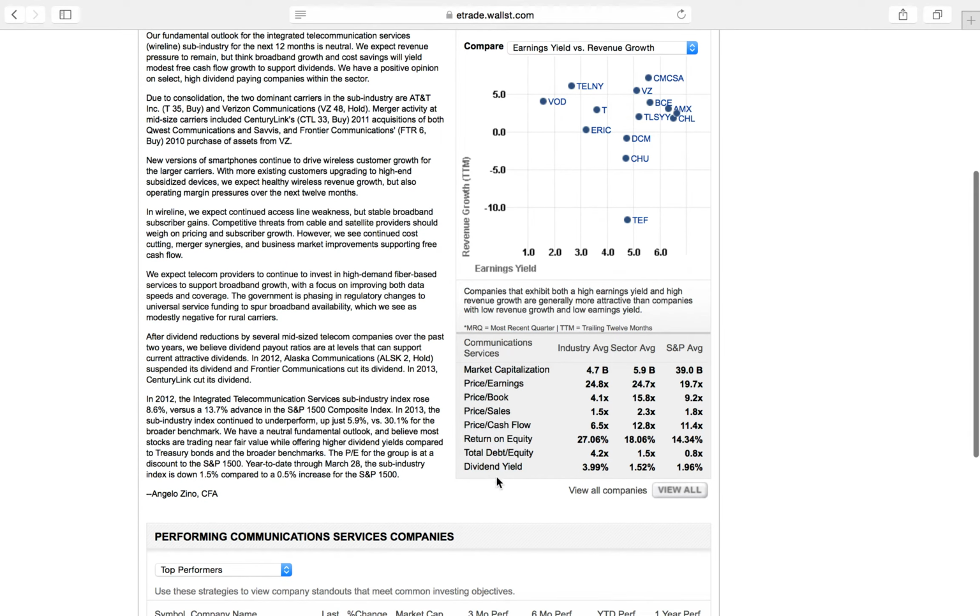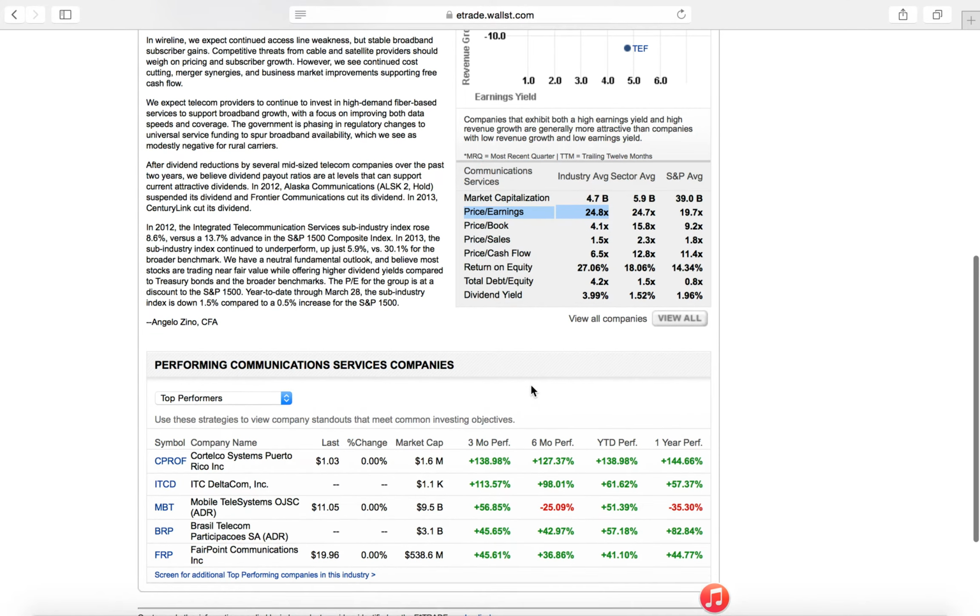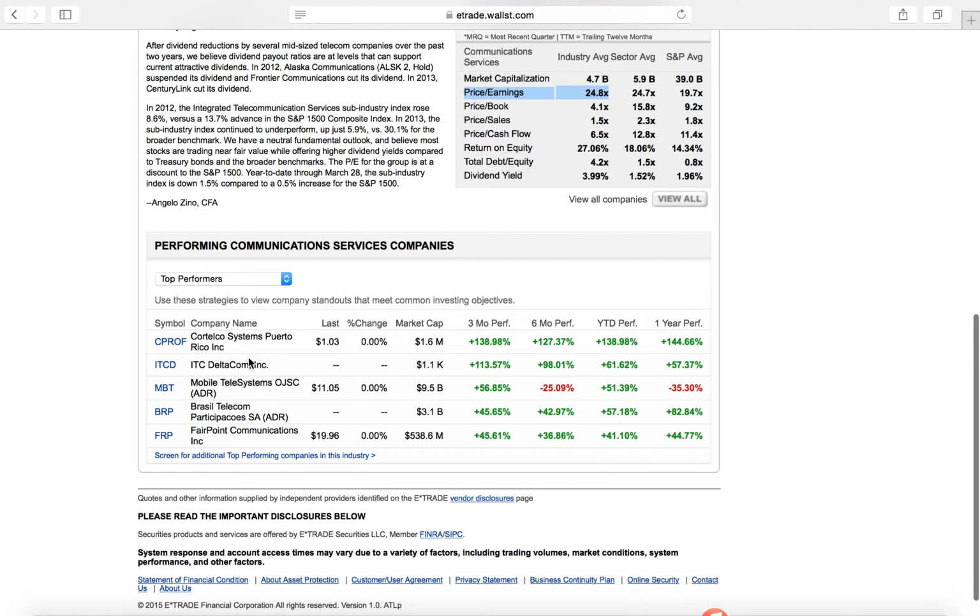You can come down here and say, compared to the industry, the average PE ratio is 24.8. So what was Verizon's? Verizon's was 19.57, if I'm not mistaken. So Verizon is lower than the industry, right? You can also come down here and compare other companies in this industry that are top performers, with high growth potential and things like that.